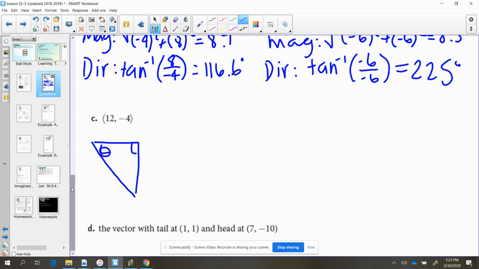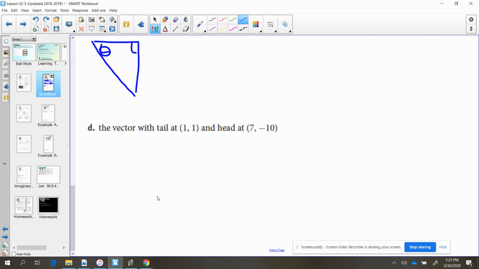What would my theta measure have to be? As well as in letter D, think about the change here. When you're going from tail to head, what would your component form be? How much did you have to move? That would be your A and your B values. So take a moment to make sure you try that on your own.